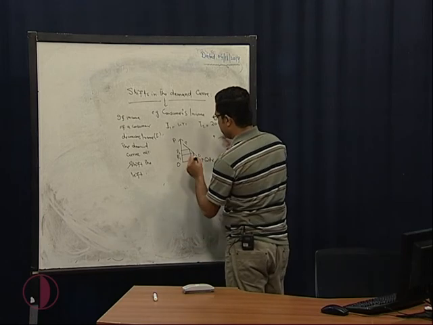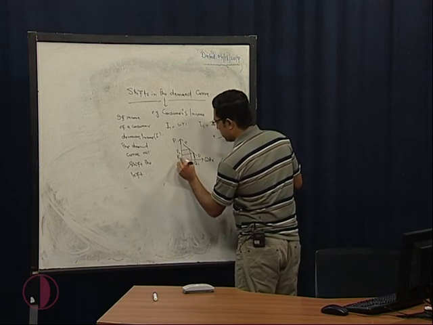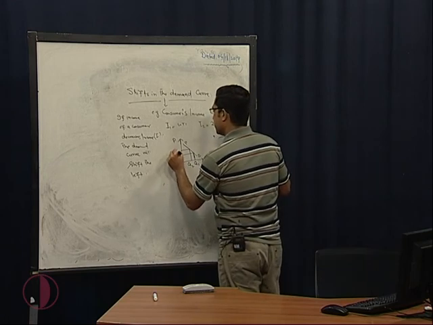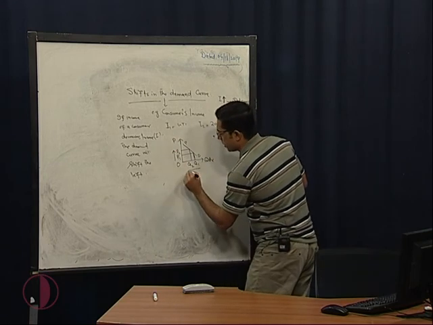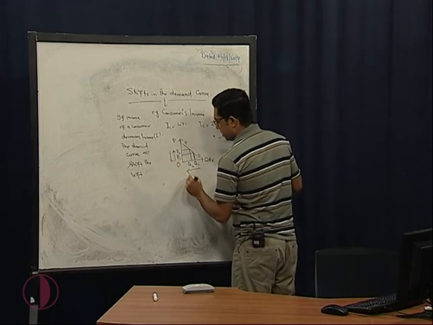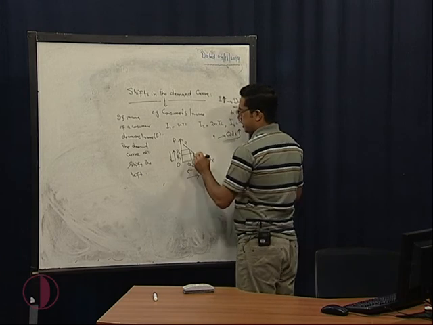This is P1, this is Q1, this is P2, this is Q2. Look, if price increases, quantity demanded decreases. If price decreases, quantity demanded increases.